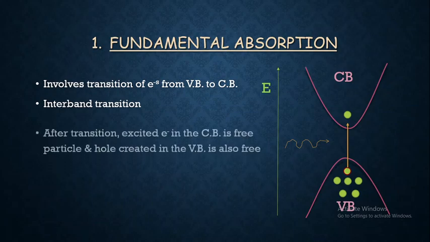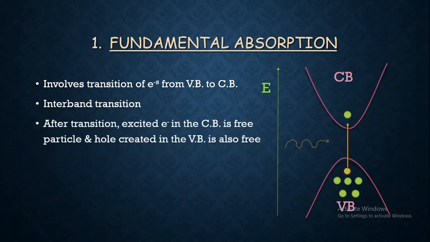When this transition takes place, the excited electron present in the conduction band is free to move, which means it acts like a conduction electron that contributes to electrical conductivity. Because of this transition, a hole is also created in the valence band, and that is also free to move.